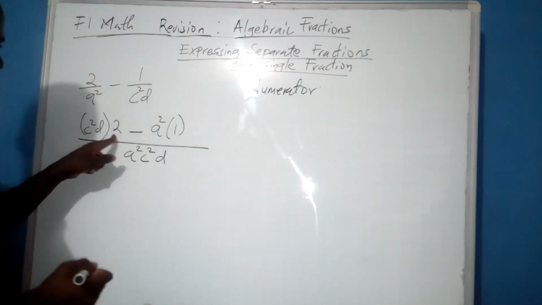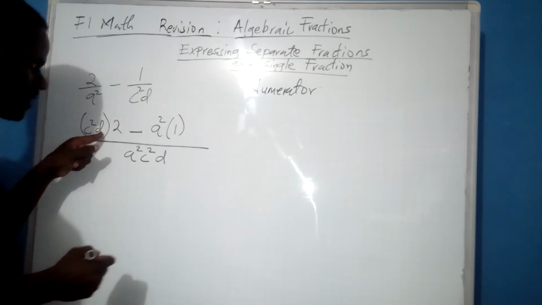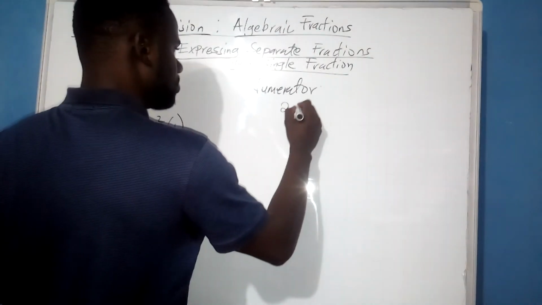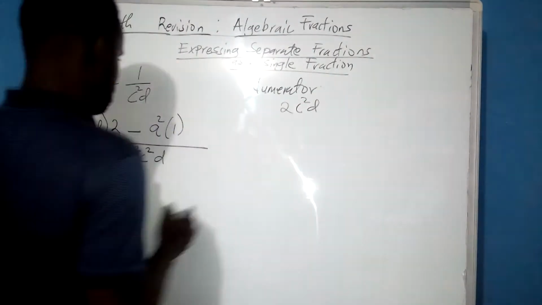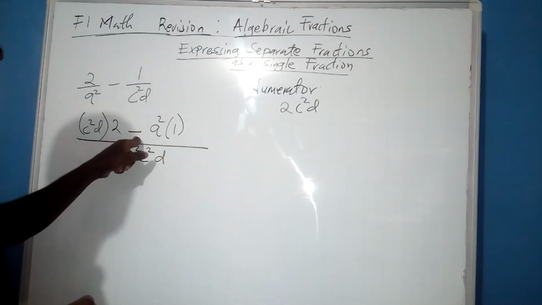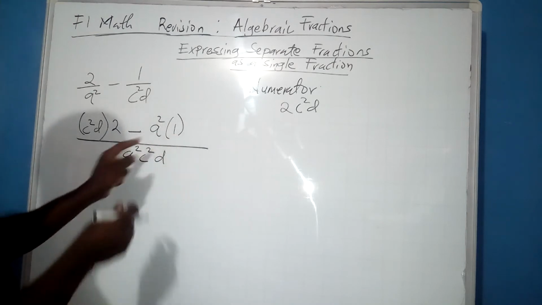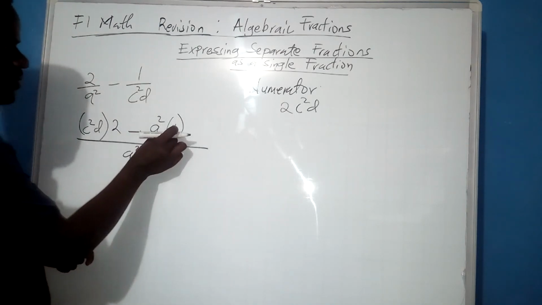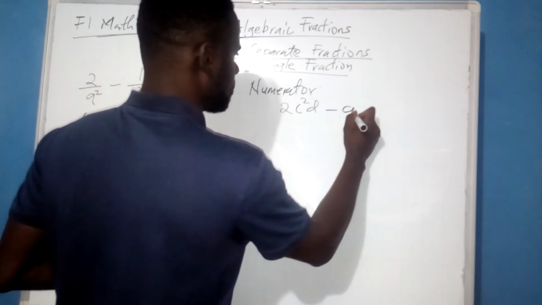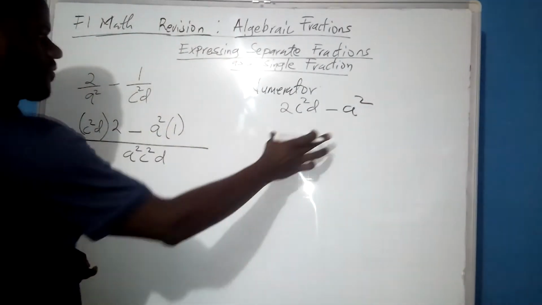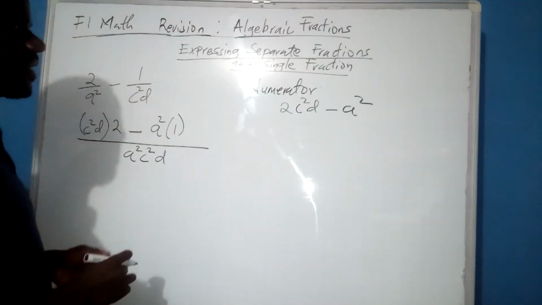now 2 times c squared d will be 2 c squared d. Then we are supposed to multiply negative a squared times 1, which will be negative a squared. So we've already worked out the numerator.